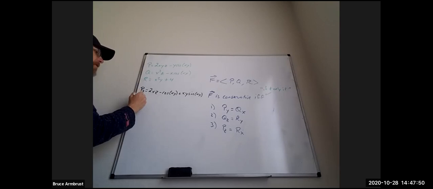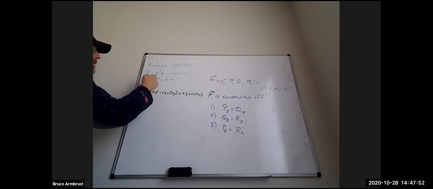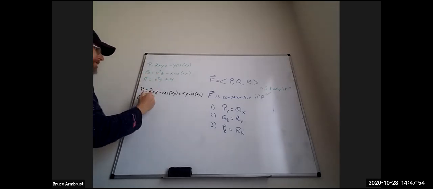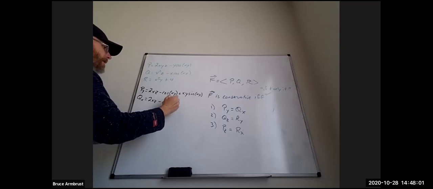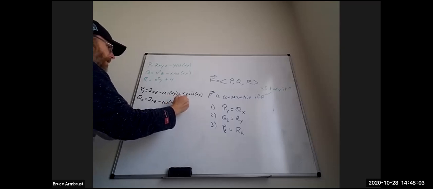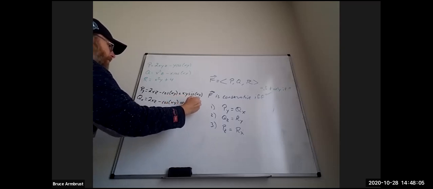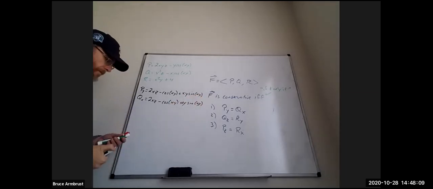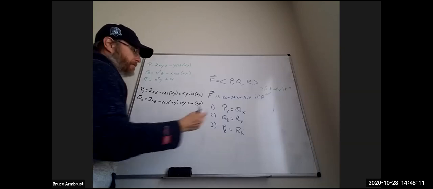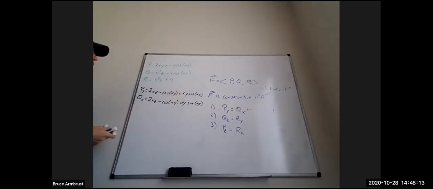Let's compare that against qx. The derivative with respect to x of this thing is 2xz. Again, we need to do the product rule, so we're going to get minus cosine of xy plus xy sine of xy. So I'm just going to put a check mark by this one. We see that those things are equal.